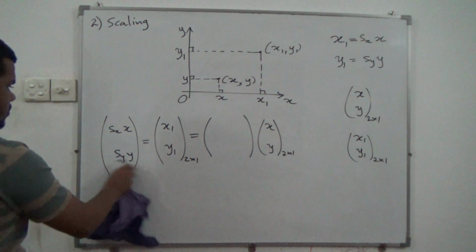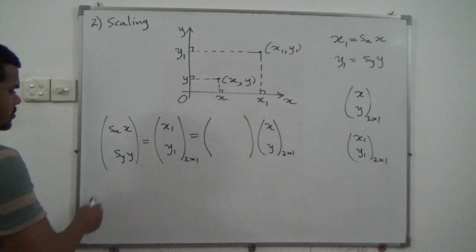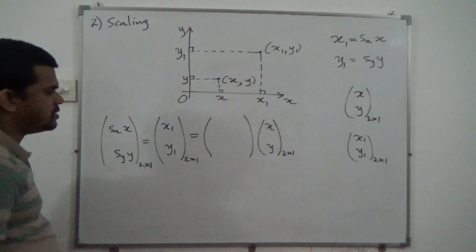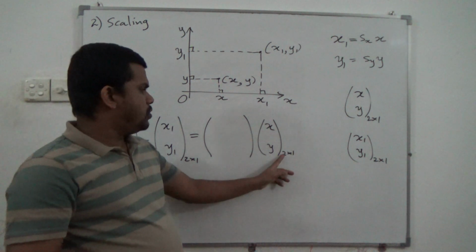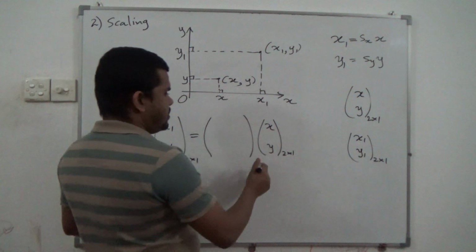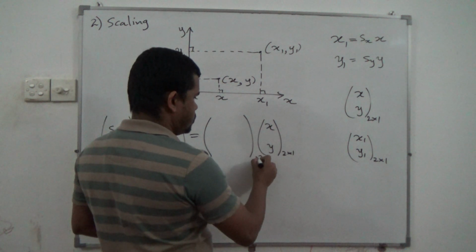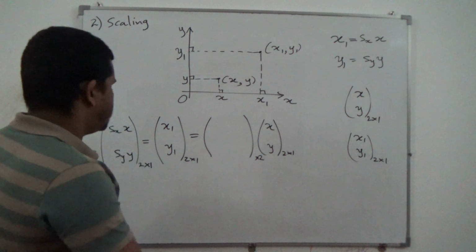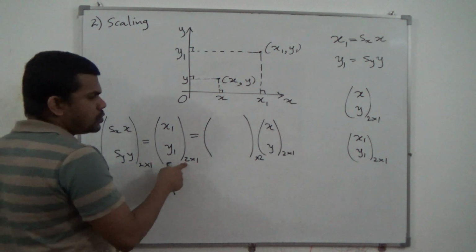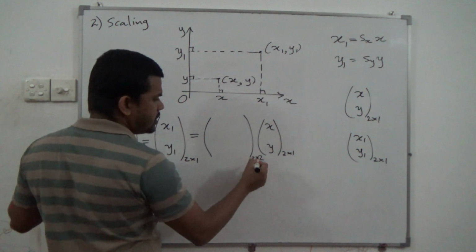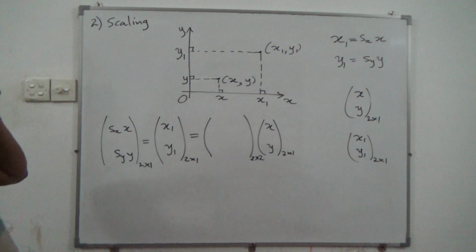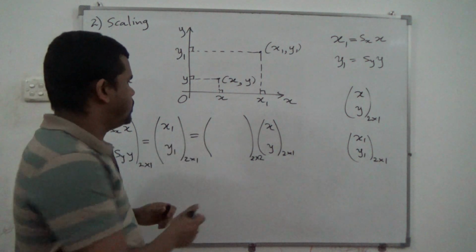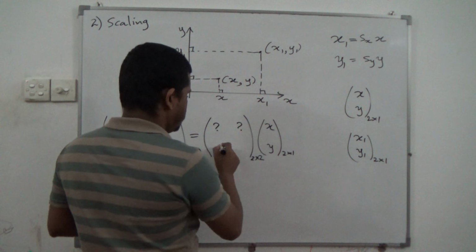So this is a 2 cross 1 matrix. Now in order to be able to multiply these two matrices, the type of this matrix must be something cross 2. The resultant matrix has 2 rows, therefore here it must be 2. Now let's try to get this one. Here we have 4 values.